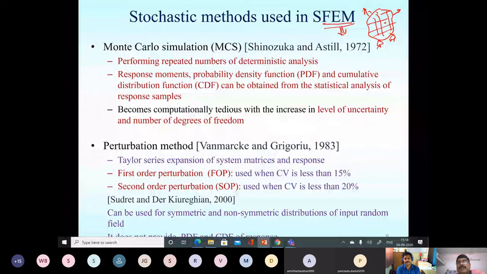For example, if your Young's modulus is different, or your yield strength is different, or your geometry thickness is different, you make the model and simulate once with one thickness, and every time you randomly generate the thickness or Young's modulus and simulate again. It is going to be a computationally very tedious process.